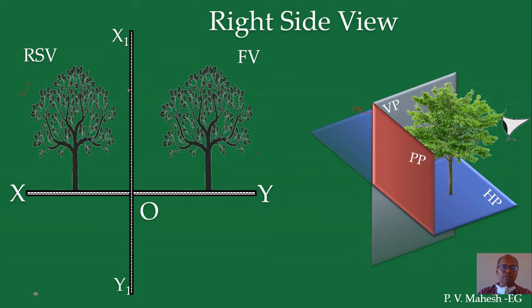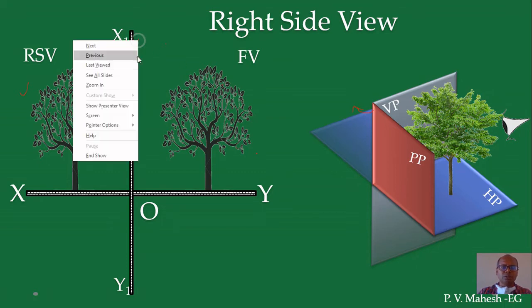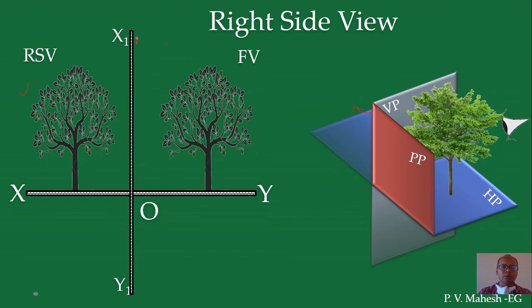So this is a reference line which is representing two planes in two different views. In front view, what is this? This is the profile plane. In side view, this is the vertical plane. Okay. Similarly, what is this xy line?